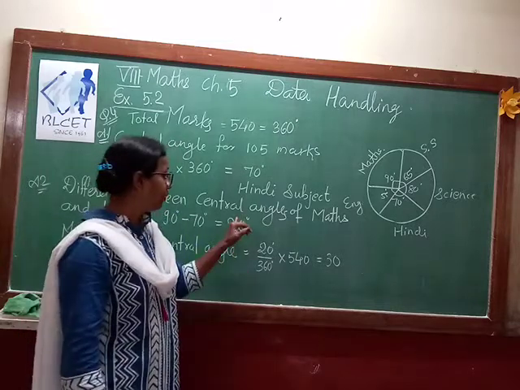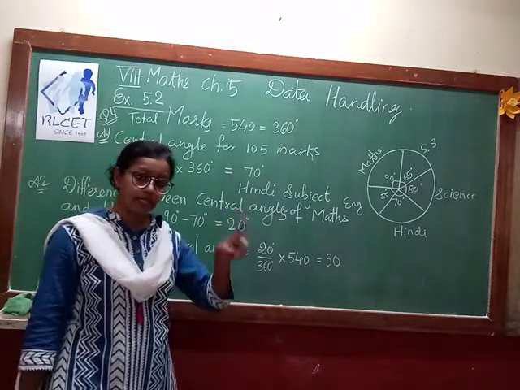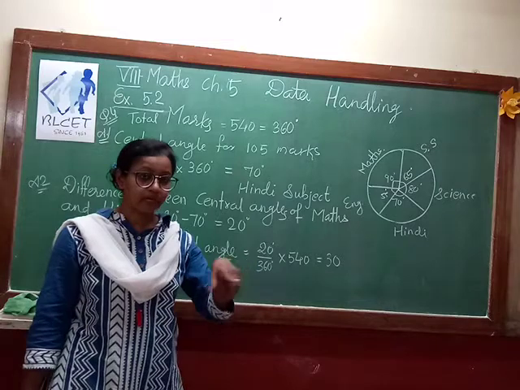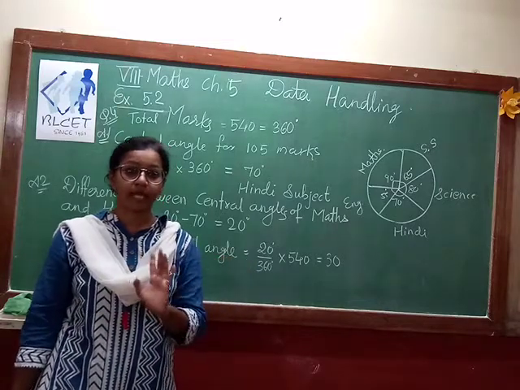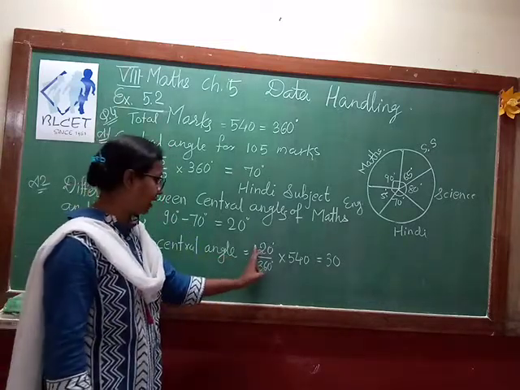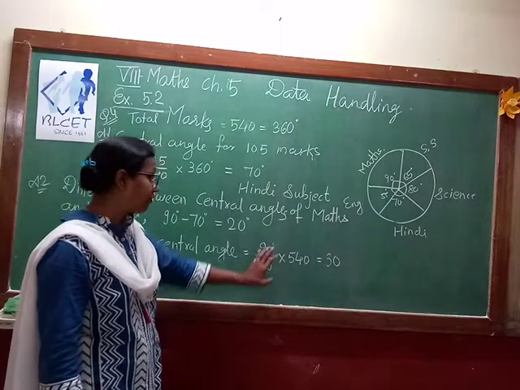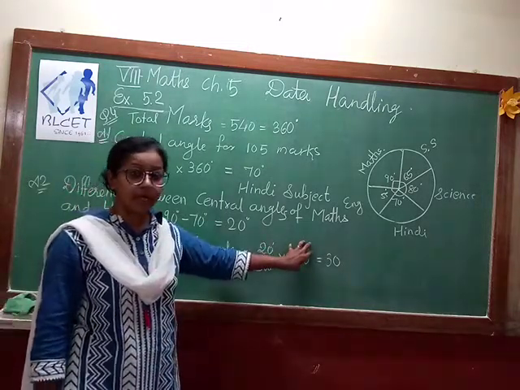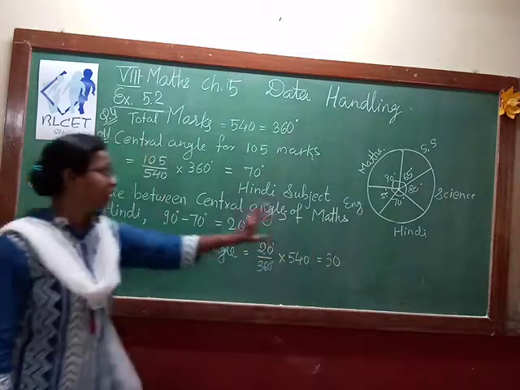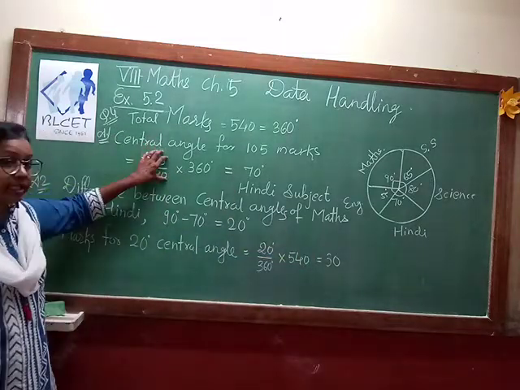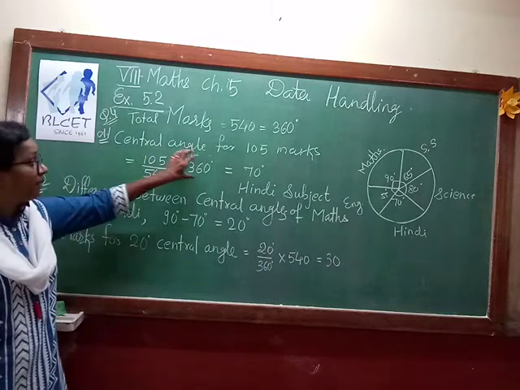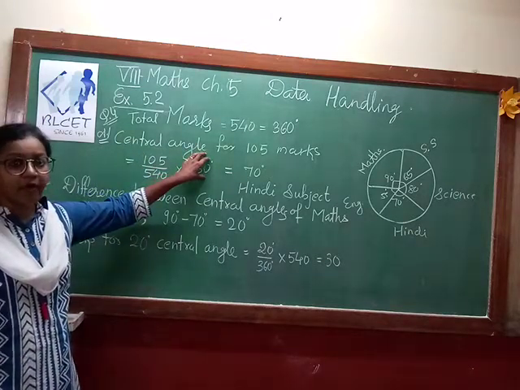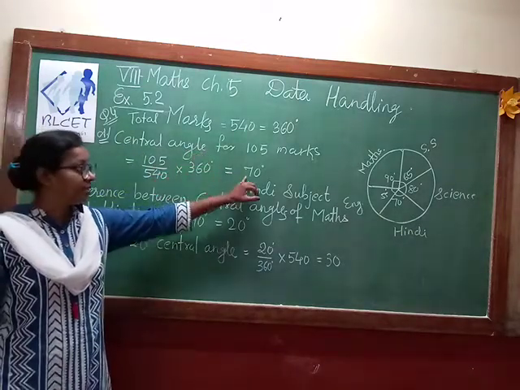What we can do? 20 degree is out of 360 degree, and for that we are finding the marks, so multiply by 540. So 20 degree divided by 360 degree, you are finding the fraction, that you have to multiply with the marks. Why? Because we want to find the marks. Earlier we were multiplying the fraction by the total degree, because we wanted to find the answer in degree.